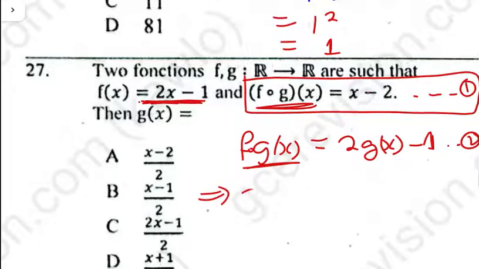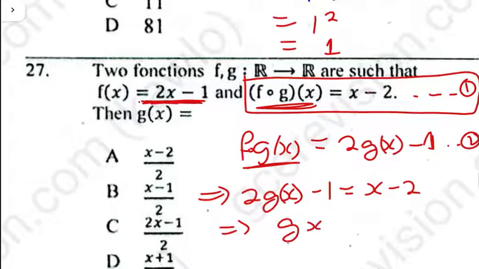So this implies that 2g of x minus 1 equals x minus 2. From here it implies that our g of x will be equal to x plus 1 minus 1 all over 2, which is x minus 1 over 2.